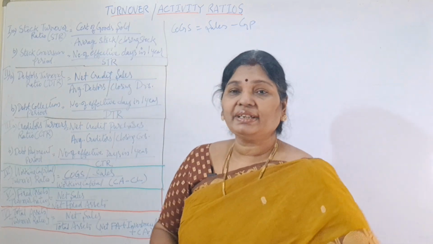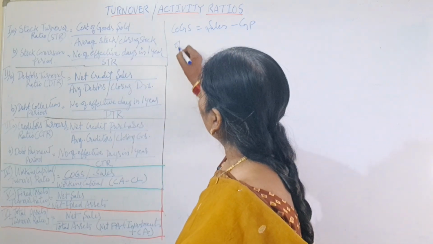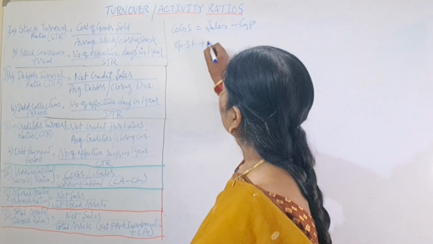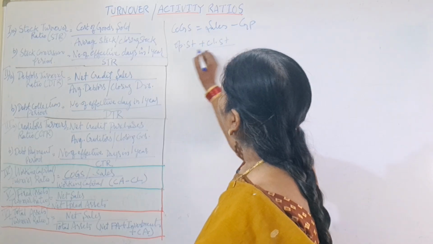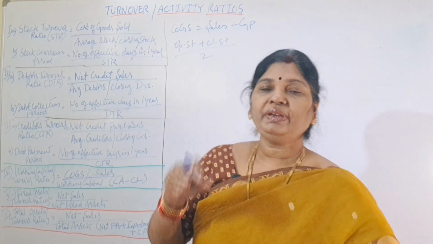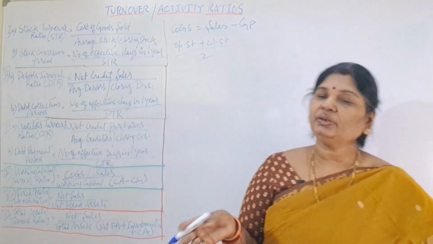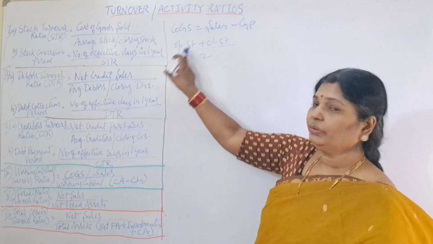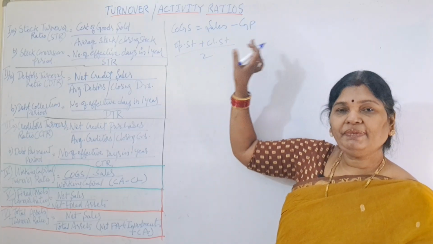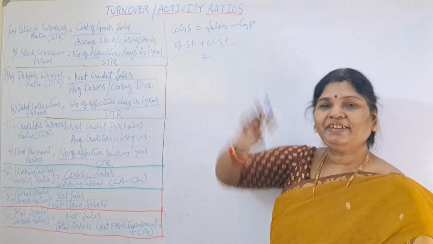What is average stock? Average stock means opening stock plus closing stock divided by 2. So if in the problem, opening stock and closing stock are given, you add both these stocks and divide by 2, and you will get average stock.